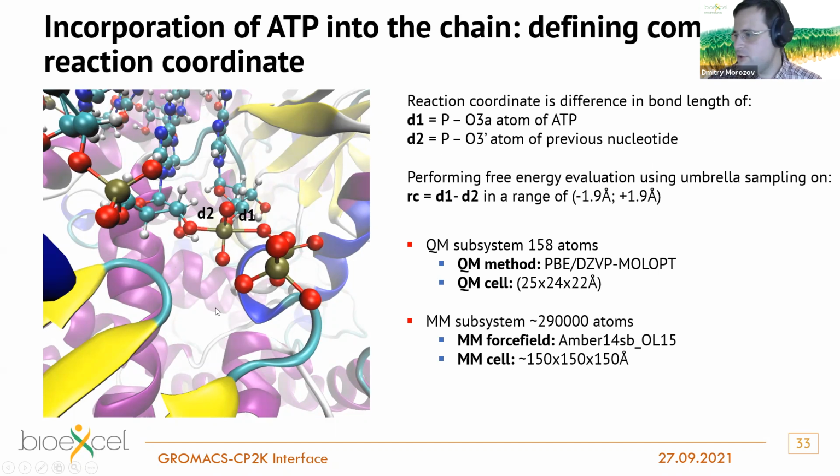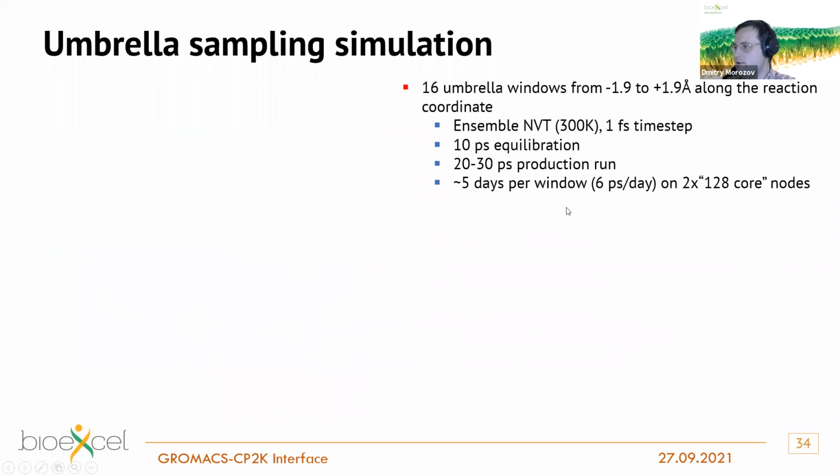For that kind of system, we used the following setup. It's a really big system, around 300,000 atoms in total. But we achieved very nice performance, almost 6 picoseconds per day with a 1 femtosecond time step, using two AMD ROME standard nodes, which are standard nowadays for supercomputers.